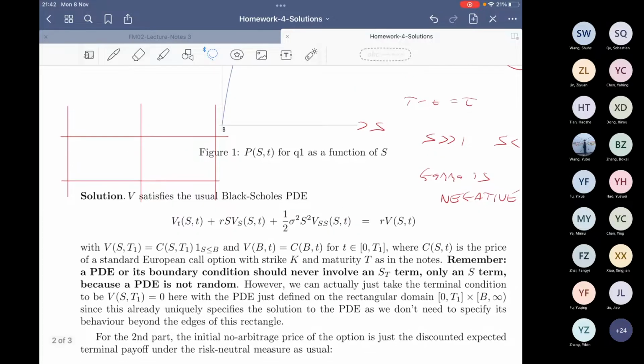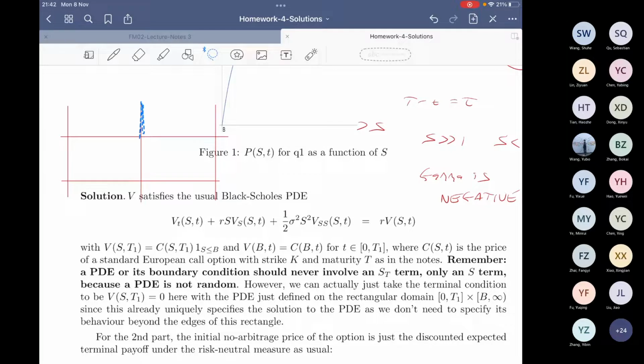But then I need to also say something about the value of the option along this vertical line here. The way it works with these barriers is that you have to say, what is the option worth here if you were just given it new? It's not relevant how you got there.